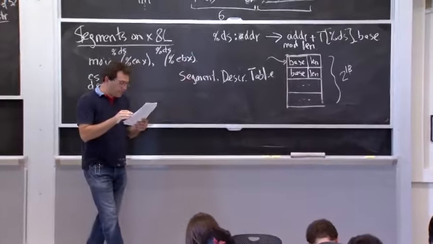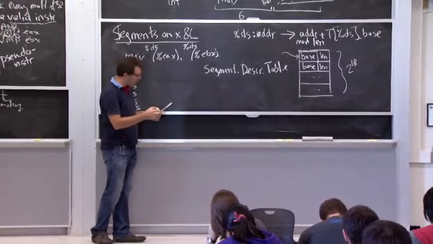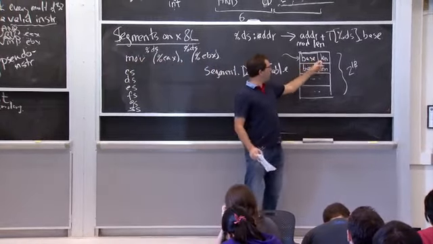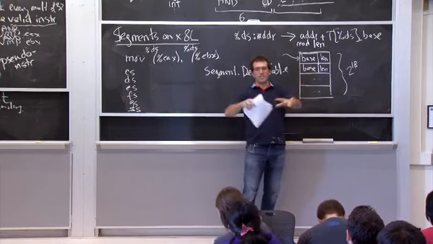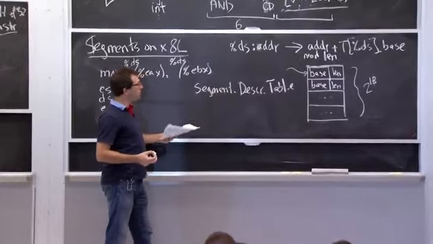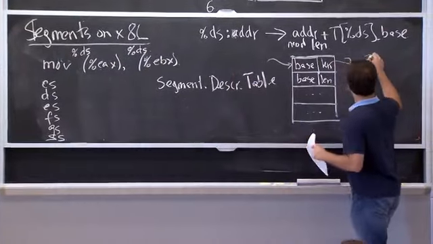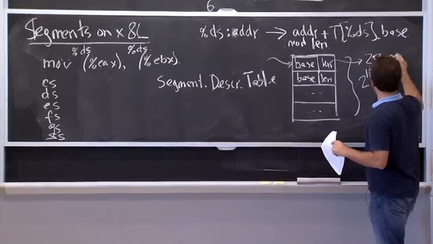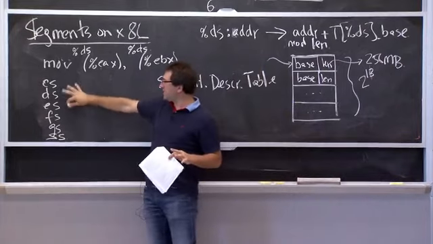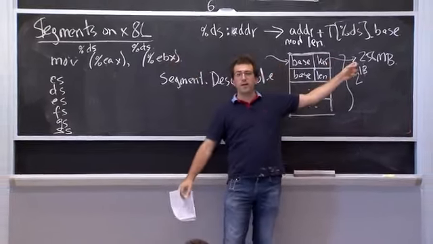All right. So how do these guys actually use this segmentation machinery? Well, you can sort of guess how it works. By default, all these segments in x86 have a base of 0 and a length of 2 to the 32, so you can access the entire range of memory you could possibly want. For Native Client, what they do is code in a base of 0 and a length of 256 megs, and then they point all 6 segment selector registers to this entry for a 256 meg region.